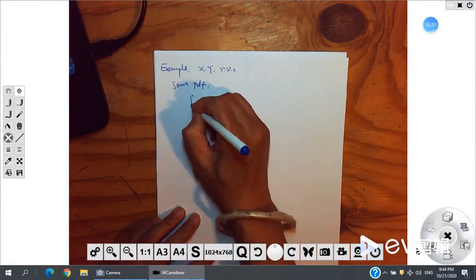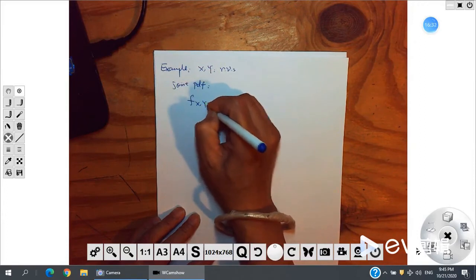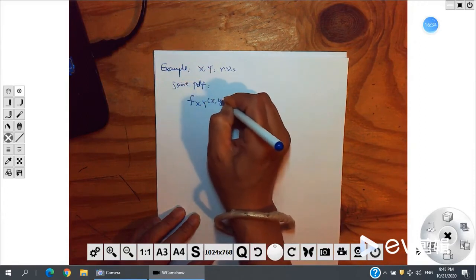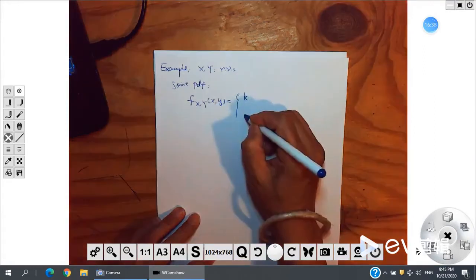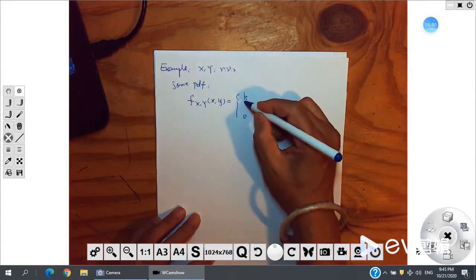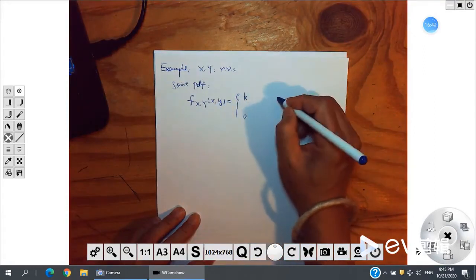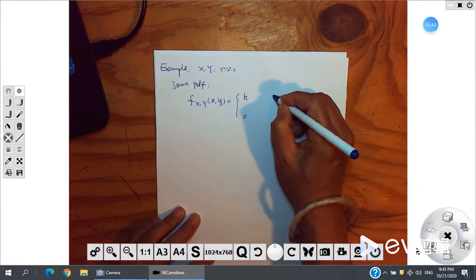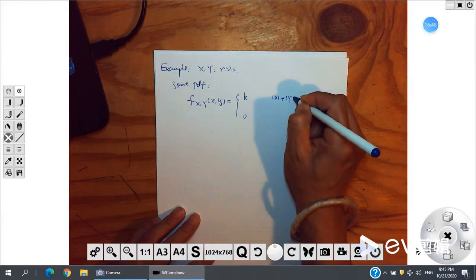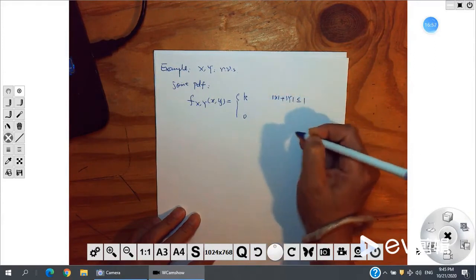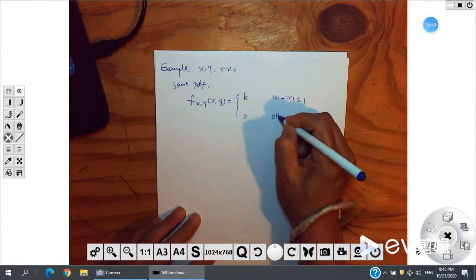It is f_XY of x and y equal to some constant k or 0. It is the constant k in the case where the absolute value of x plus the absolute value of y is smaller than or equal to 1, and 0 otherwise.